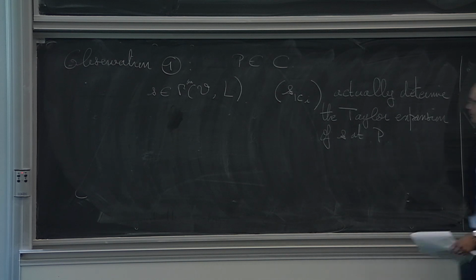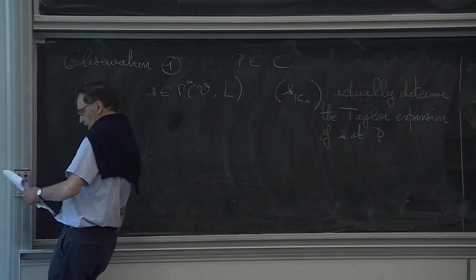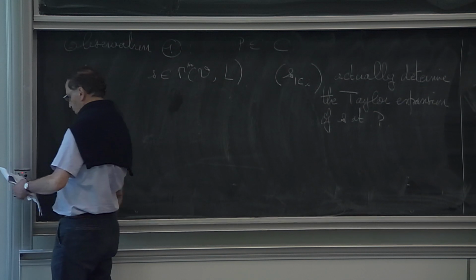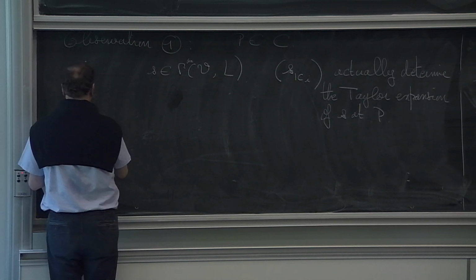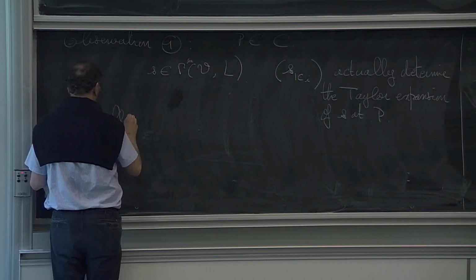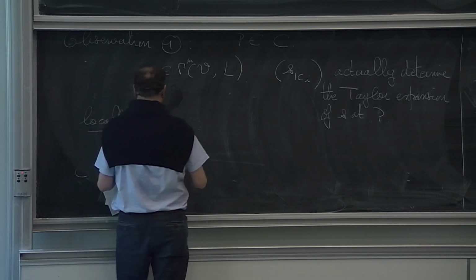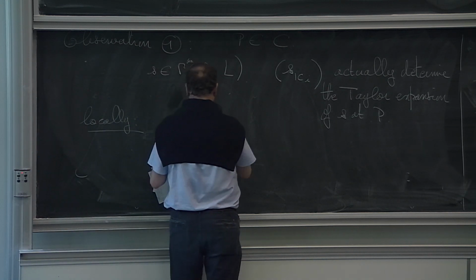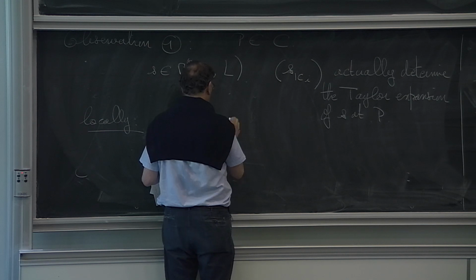So let me explain this, maybe in concrete terms. For instance, locally, you have your point P. You may choose two analytic coordinates.